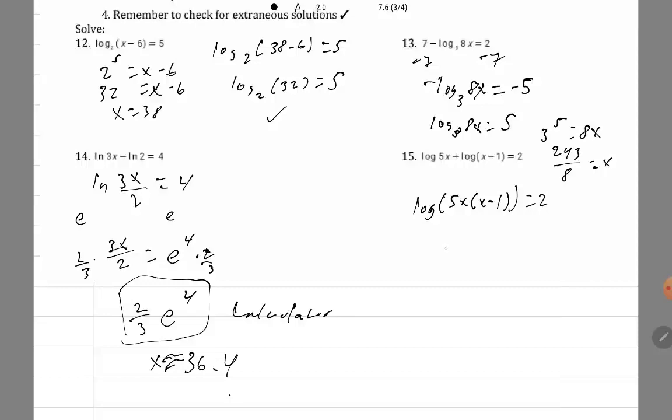So this is writing in exponential form, 10 to the second, because this is log base 10. I'm just going to go ahead and distribute: 5x squared minus 5x. So we got 100 equals 5x squared minus 5x.